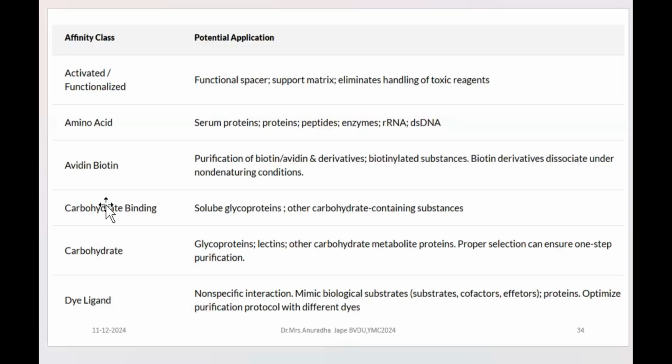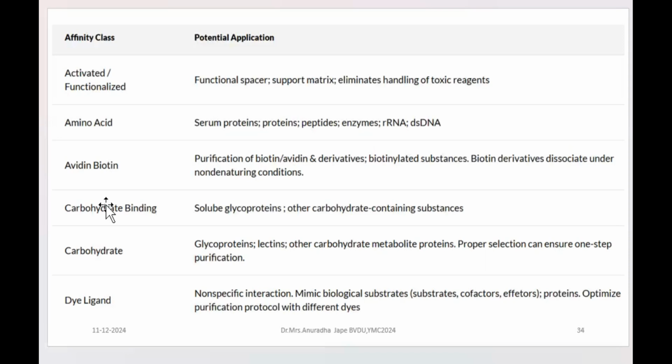When you are going to have purification of certain proteins, engineered proteins, for example, biotinylated biomolecules or biotinylated protein you have to have, so that you can explore the avidin biotin system. If you are talking about carbohydrate binding as a ligand, then you can purify soluble glycoproteins or other components which are going to have carbohydrate as one of their components using carbohydrate binding.